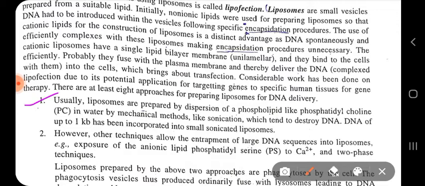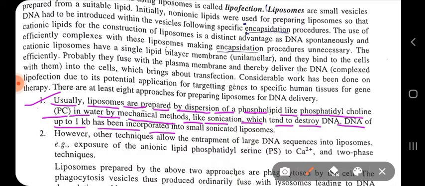First point is saying usually liposomes are prepared by dispersion of a phospholipid like phosphatidylcholine, in short PC, in water by mechanical methods like sonication, which tends to destroy the DNA. DNA up to 1 kb has been incorporated into the small sonicated liposomes. So with the help of sonication technique, where we use a certain sound vibration, we are preparing the liposomes.